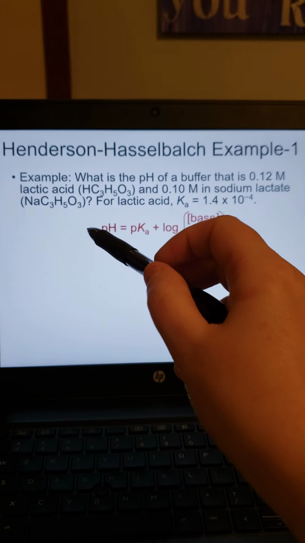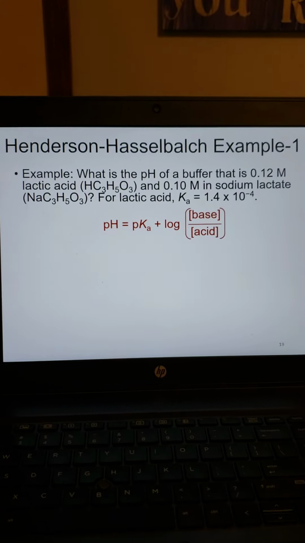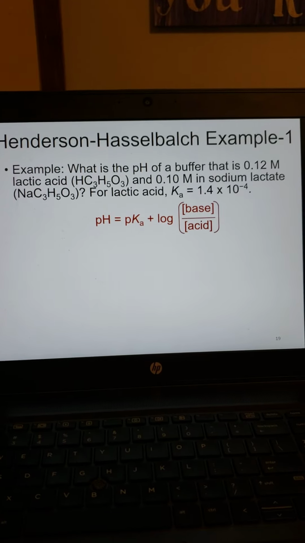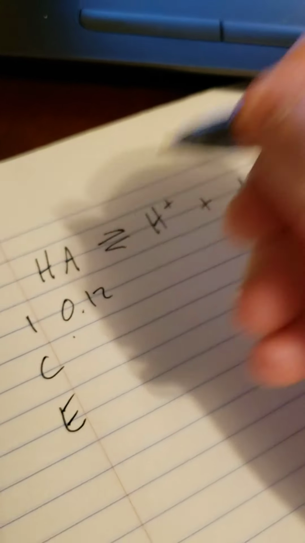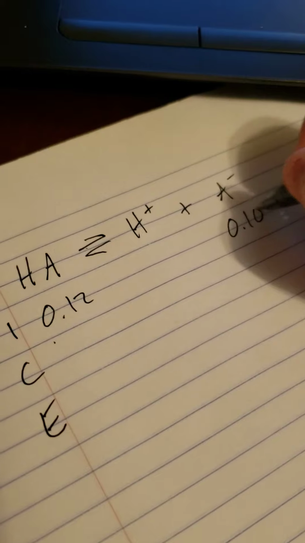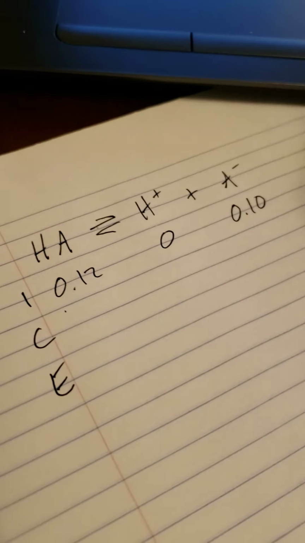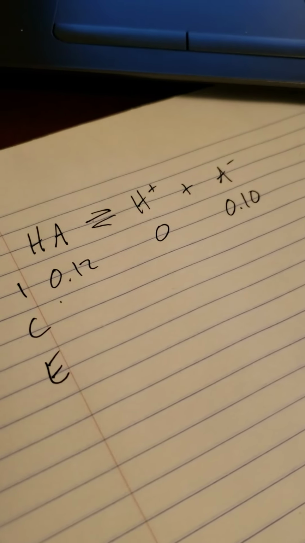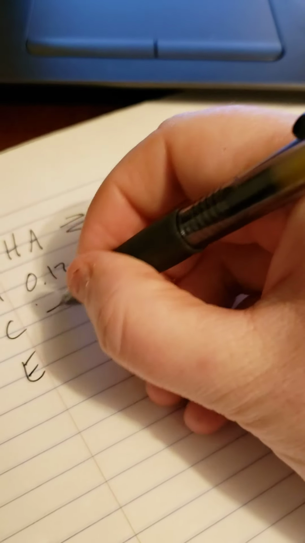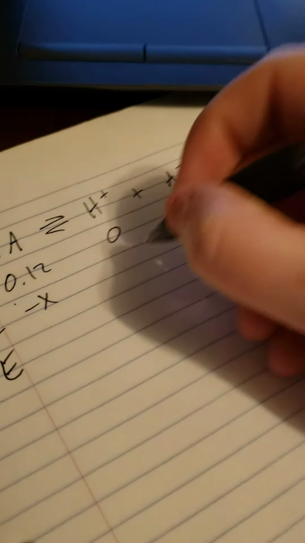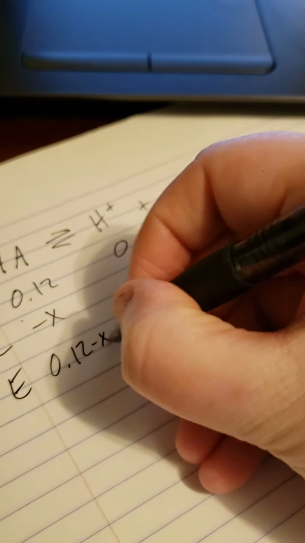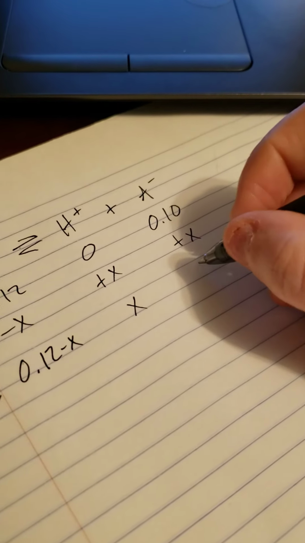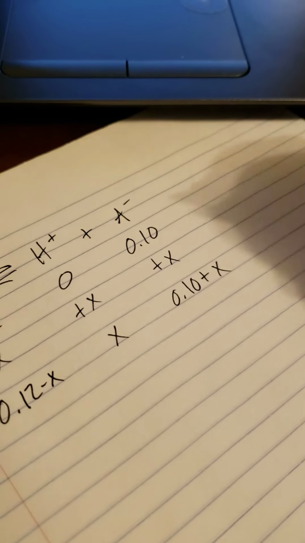The sodium ions correlate to a strong base, so we're really just getting the conjugate base from that. So 0.12 for the acid and 0.10 for the base, and we have no protons to start out with. Negative X for the reactant change, positive X for the products. So this would be 0.12 minus X, X, and 0.1 plus X.